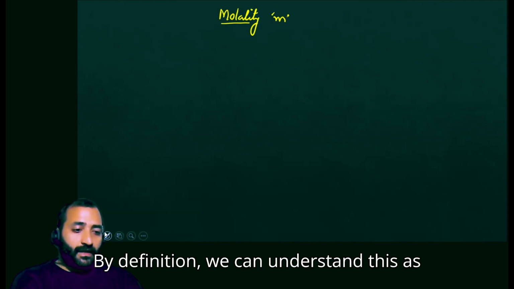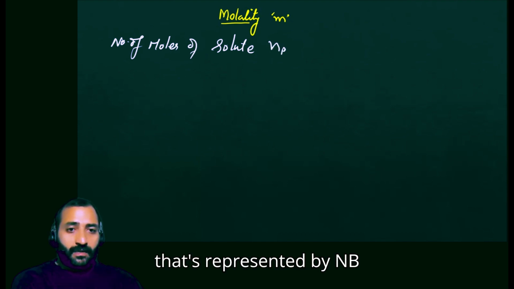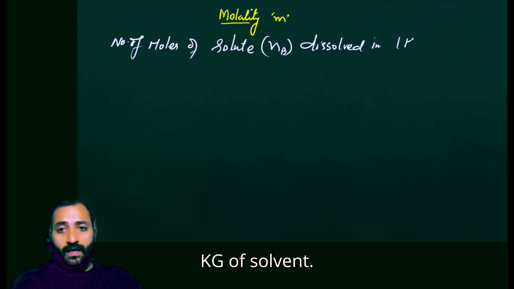By definition, we can understand this as the number of moles of solute, that's represented by Nb, dissolved in 1 kg of solvent.